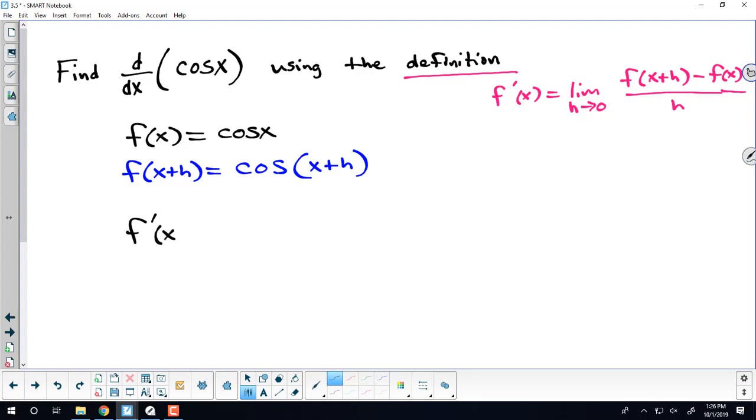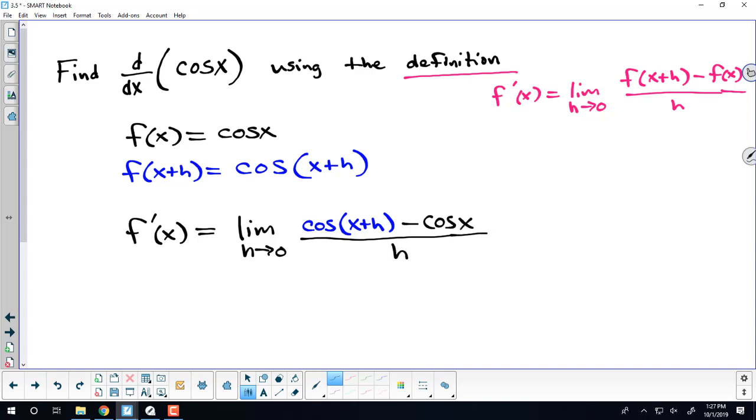So we have f prime is the limit as h approaches 0 of cosine of the quantity x plus h minus the function cosine x, all over h.